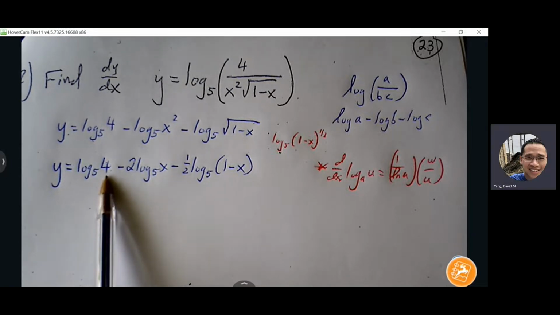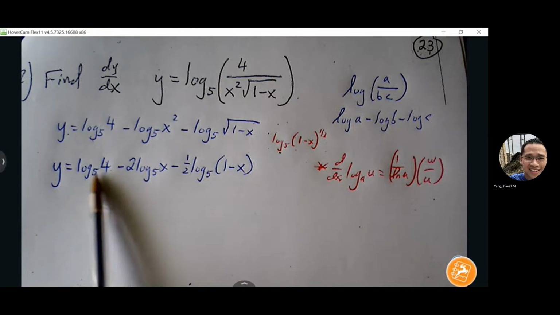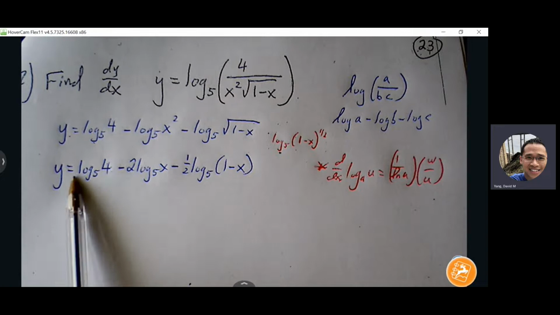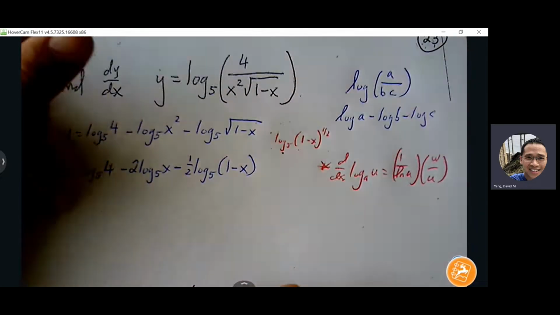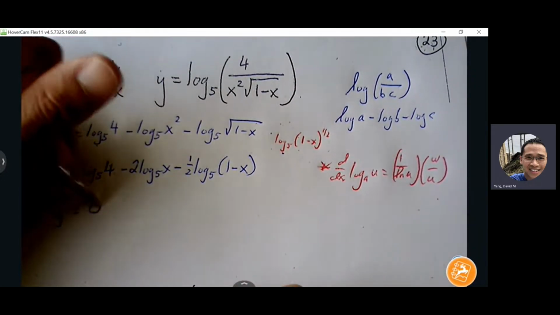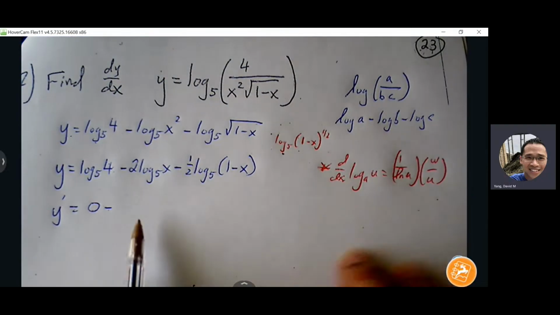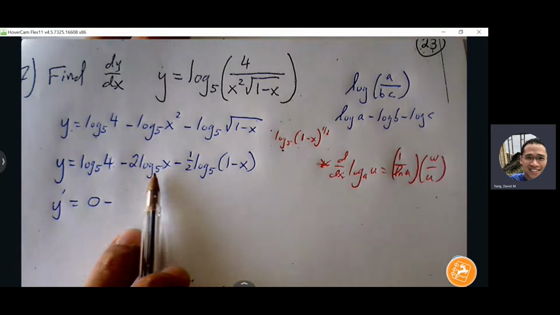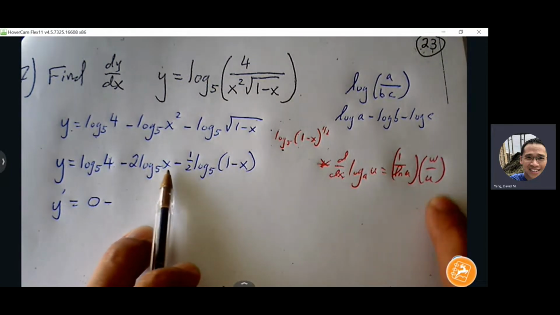This is just a constant, so the constant will go to 0. We don't necessarily have to find the derivative of that if we know it's going to go to 0. The 2 is going to stay. Log base 5 goes through a conversion, and then the rest is u prime over u.